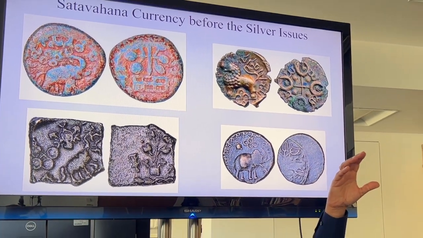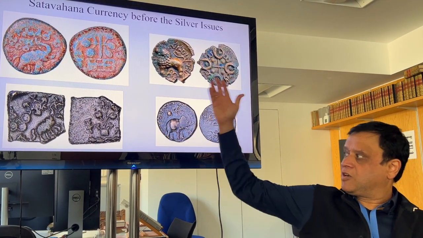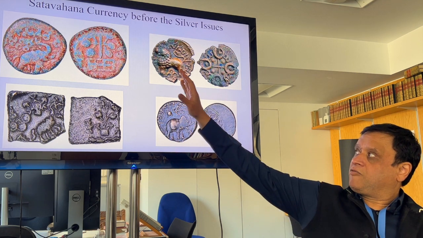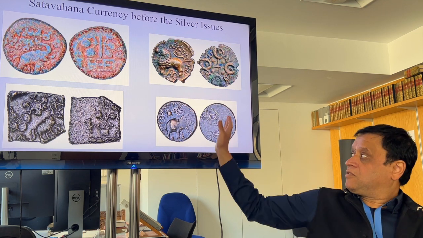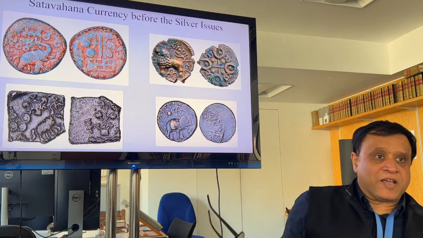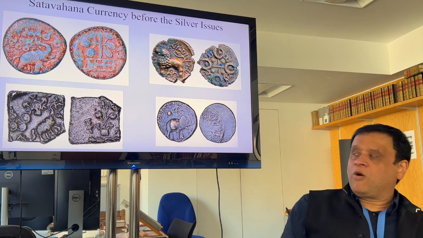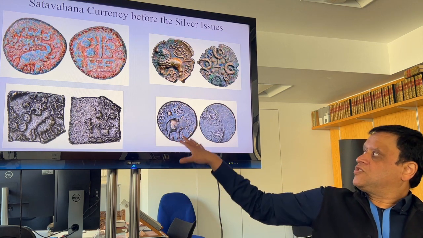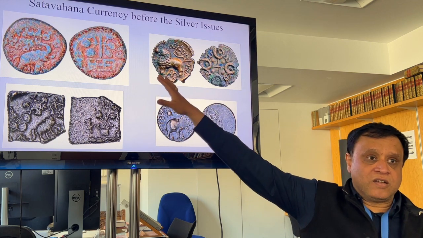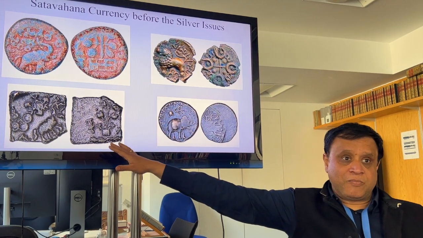So each of the regions had different types. For example, the first coin there up on the left, this coin and this coin, they're all so-called elephant types because they have elephants on them. However, they come from 3 different regions. That comes from Nasik, that comes from Nevasa, Paithan, and this comes from Vidarbha.